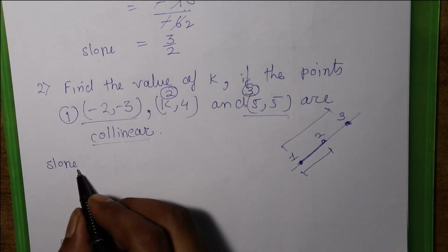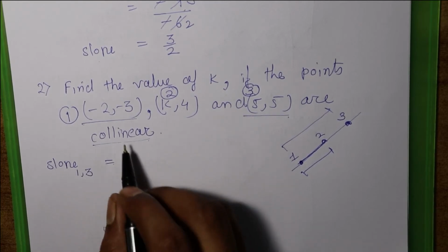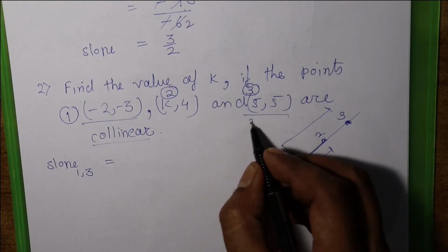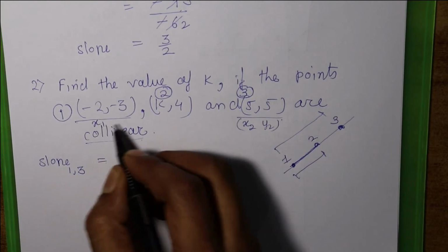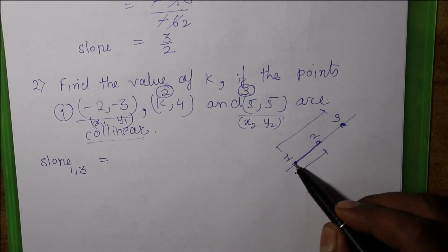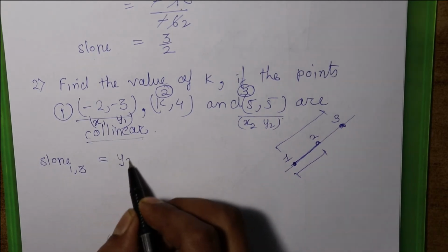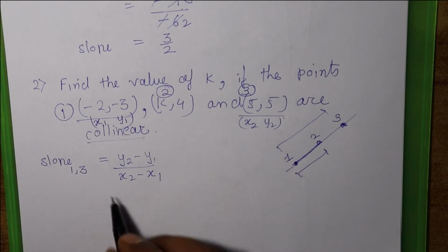So the slope between point 1 and point 3 is equal to, here we can clearly see that this is x2, y2, this is x1, y1. I just represent everything in terms of x1, y1 and x2, y2, wherein we substitute in the formula y2 minus y1 upon x2 minus x1.